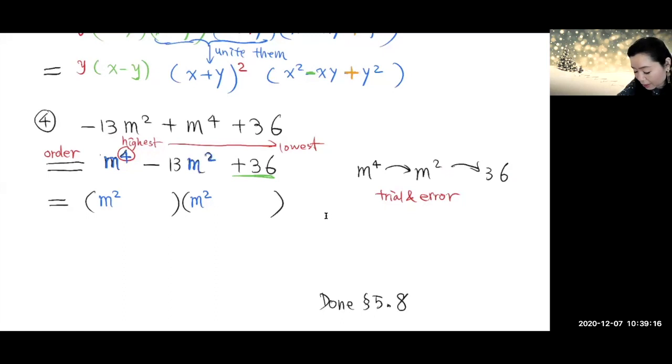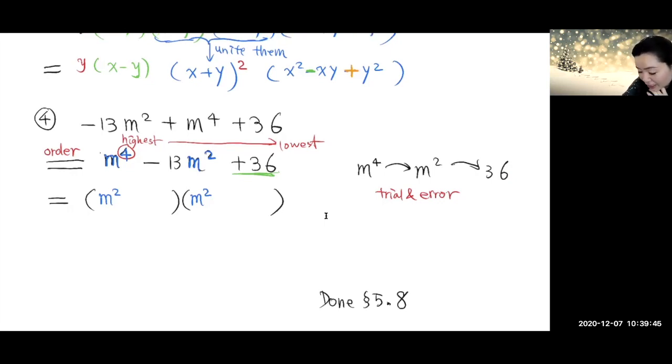Okay. And then we think about two numbers. Can you think about two numbers that multiply to be 36 and sum to negative 13? What are the two numbers? Oh, yes, you got it.